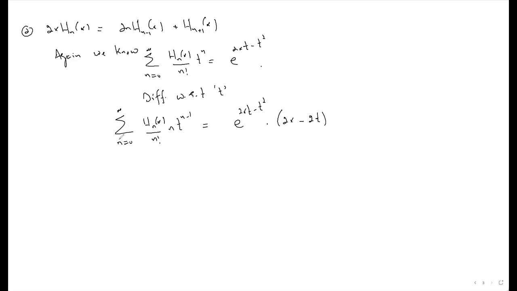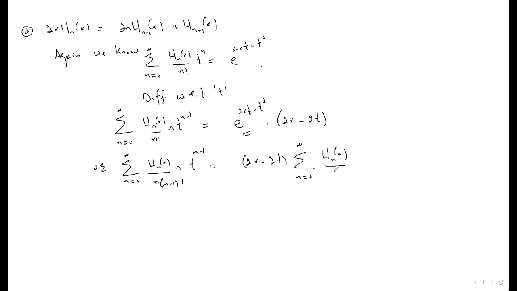Or you can write this as summation over n running from 0 to infinity h n of x divided by n factorial n into, I can write this as n into n minus 1 factorial, right? T raised to power n minus 1 will be equal to 2x minus 2t into summation over n running from 0 to infinity h n of x divided by n factorial t raised to power n.